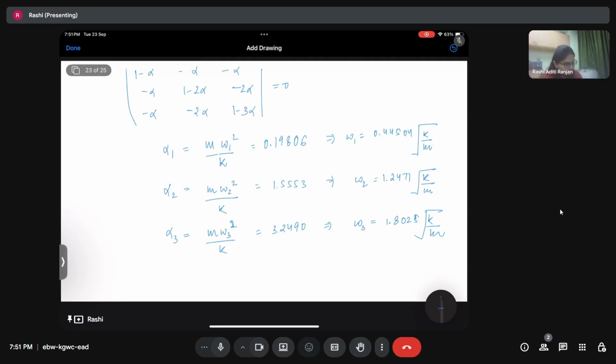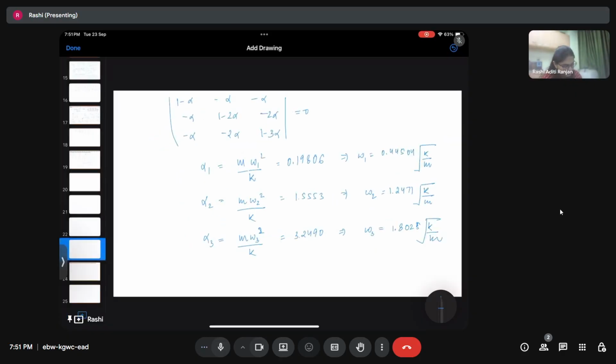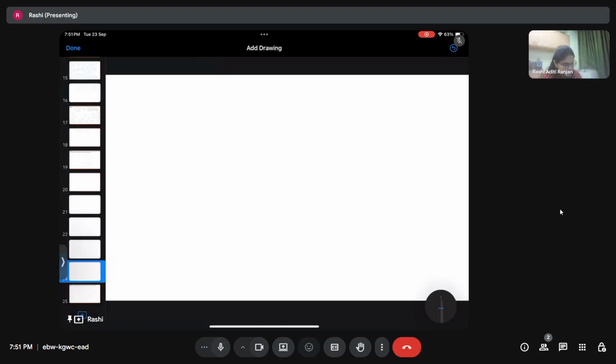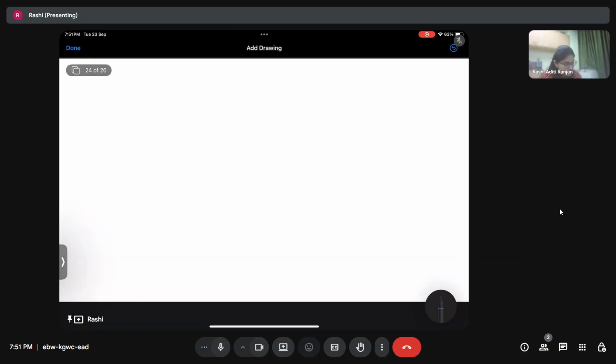So, first mode, we have omega 1 as 0.44504 under root k by m. Lambda 1 corresponding to this is going to be 5.0489 m by k.